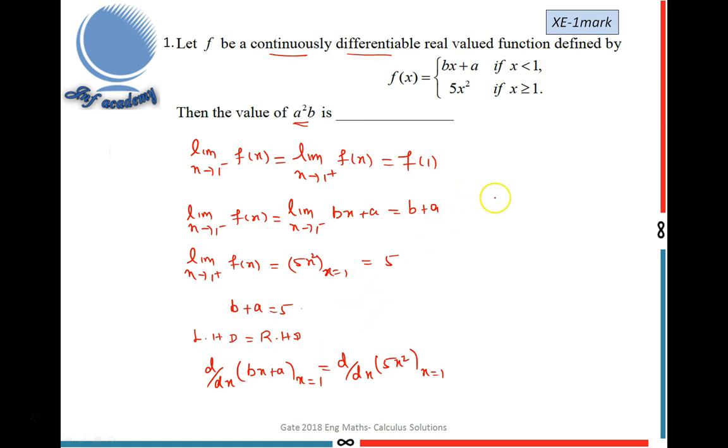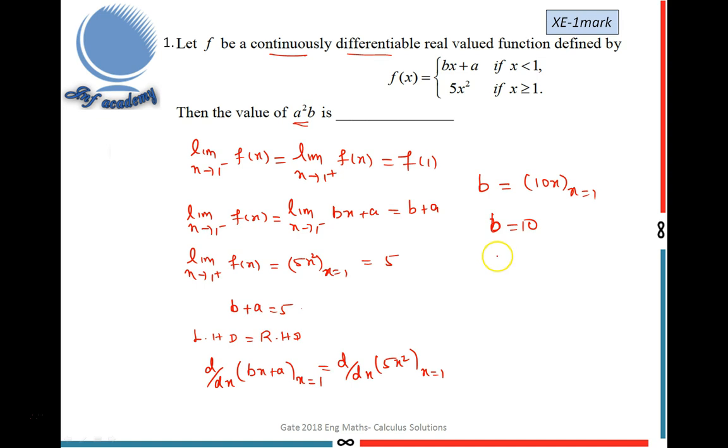So I write this. d by dx of bx plus a is b, at x equal to 1; the differentiation is b only. So b equal to the differentiation of 5x square, which is 10x, at x equal to 1. That means b equal to 10. Finally, I got b equal to 10. Substitute the value of b in this equation.